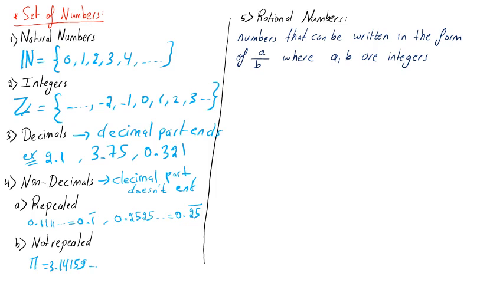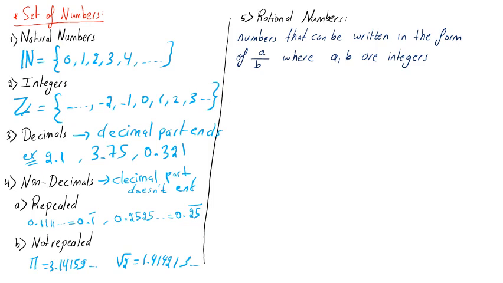Another example, radical 2 equals 1.4142113, etc. These are not repeated. Here we have repeated.